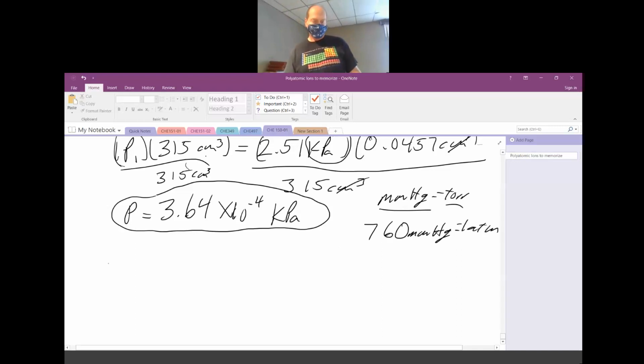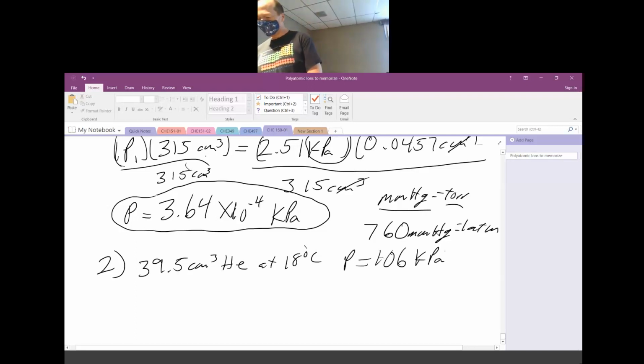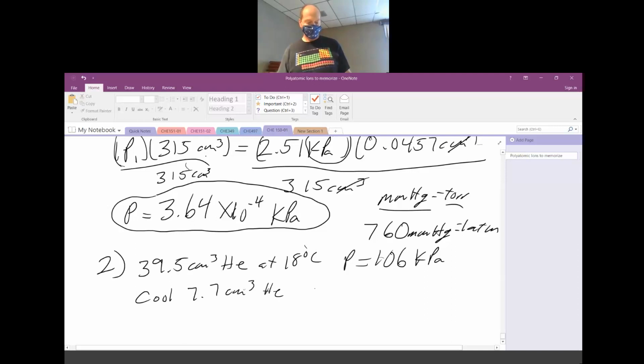All right, question number 2. It tells you that 39.5 centimeters cubed of helium, again same as a milliliter, at 18 degrees Celsius and 106 kilopascals was cooled until 7.7 centimeters cubed of helium was at a pressure of 106 kilopascals.